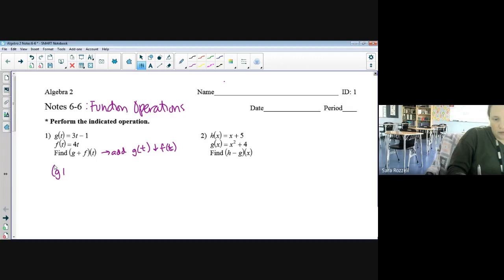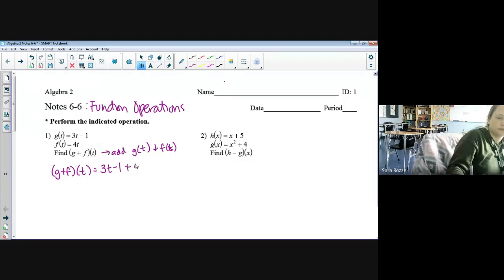So g plus f of t equals g of t first, because they told me g first, 3t minus 1, plus the f function. My f is 4t. So if there's a plus, they're just telling you add your functions together.